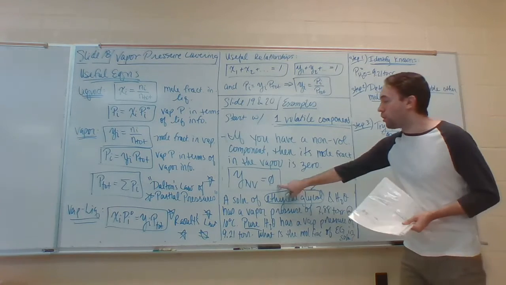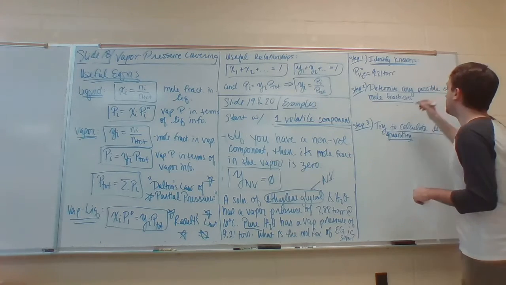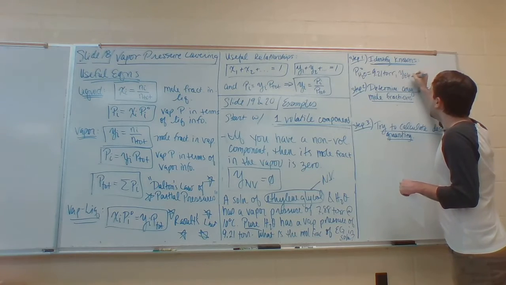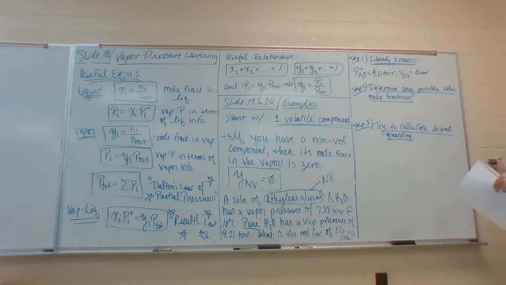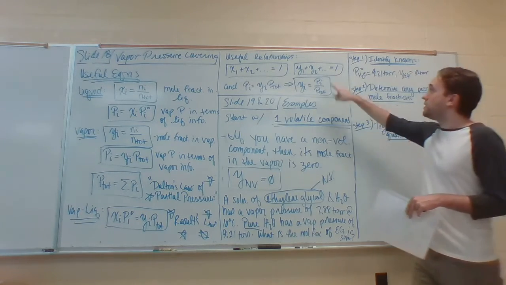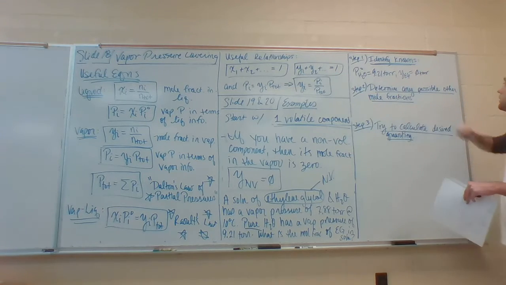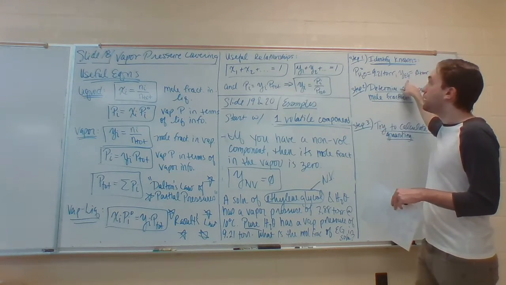That means that we know that its mole fraction is going to be 0. So we know that Y of the ethylene glycol, I'm going to use EG, Y of my ethylene glycol is equal to 0 torr. Now, using our relationship up above, we can figure out our other mole fractions. We've got a binary mixture of ethylene glycol and water.